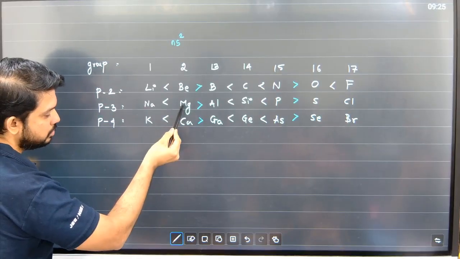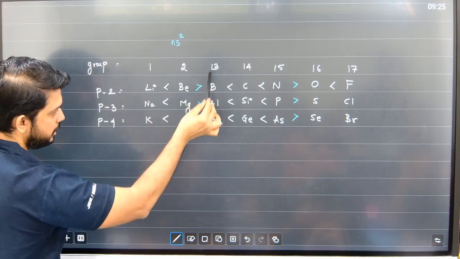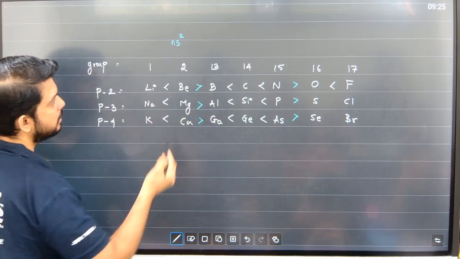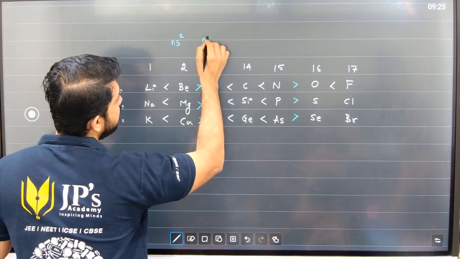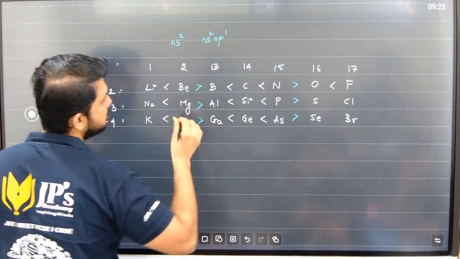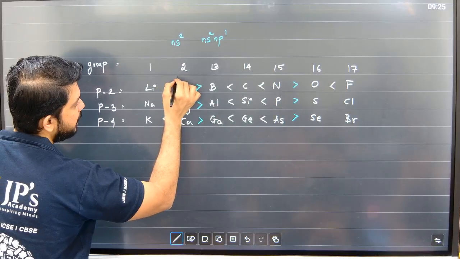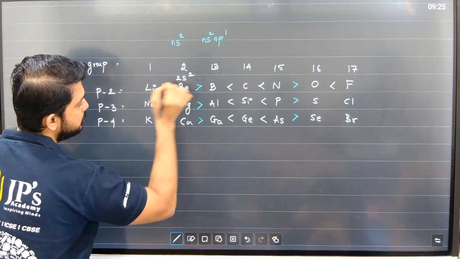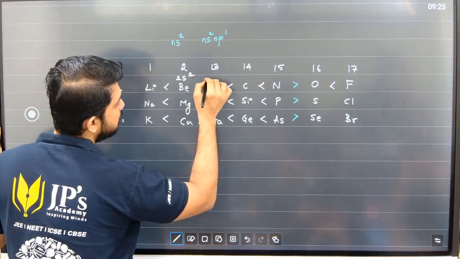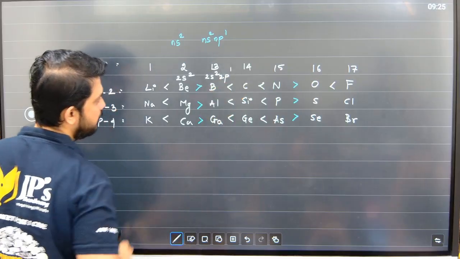Beryllium 2s2, 3s2, 4s2. What is the general electronic configuration for group 13? ns2 np1. एक बेरिलियम और एक बोरॉन के लिए लिख के रखते हैं। बेरिलियम का क्या आएगा पीपल? 2s2, boron is what? 2s2, 2p1.